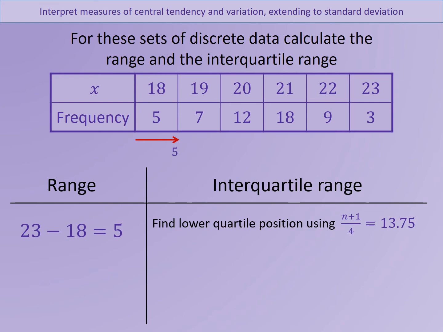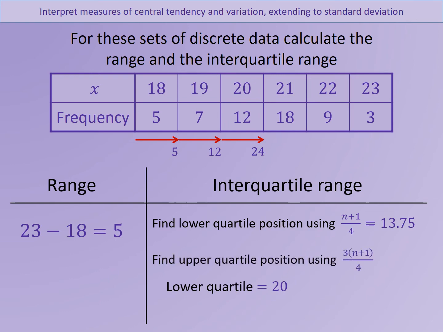We accumulate all of the frequencies as we work up the table. So we have 5 pieces of data in that first category. We would have an extra 7, that makes 12 pieces of data in those first 2 categories, which means that the 13.75th piece of data will be somewhere in that section, and therefore the lower quartile will be 20.